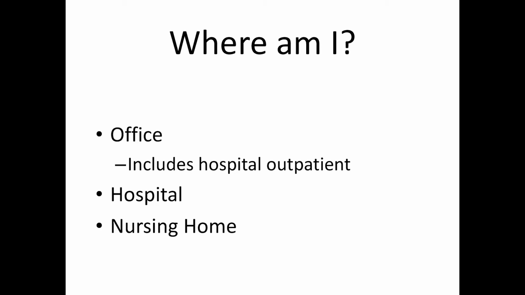If you go to that half-a-day-a-week hospital outpatient department wound center, your place of service, the list of numbers Dr. Ward gave you at the end of the last PowerPoint, is hospital outpatient. Your E&M code is an office code, even though you're at the wound center. Your E&M code comes from the office code list.